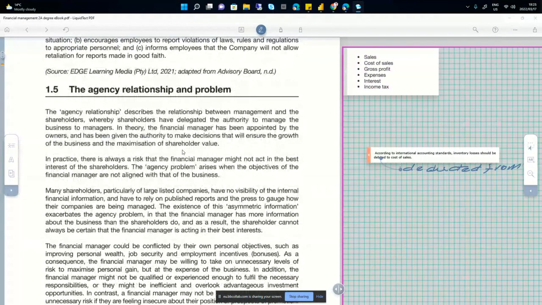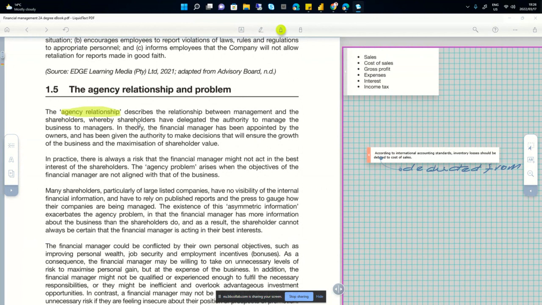Then one of the most important things to understand is the agency relationship and problem. So there is an agency problem. And what is the agency problem? In a nutshell, as you've been reading, on one side you have the owners of a company, but the owners will hire a management in order to run the company for the benefit of the owners.